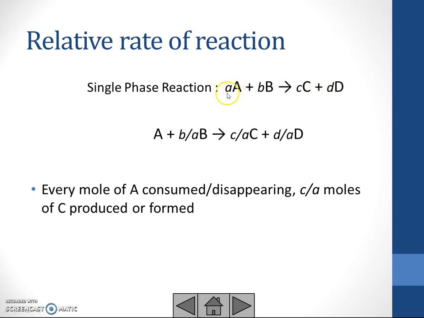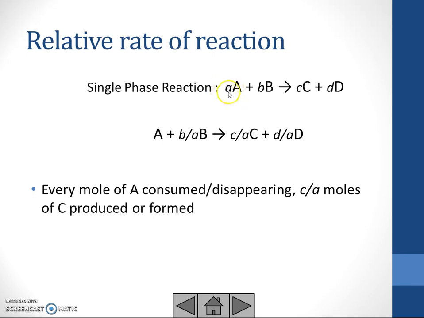For reactant A we have small a, plus small b for how many moles of B, how many moles of C are produced, and how many D are produced. If we assume A has been completely consumed, we call it the limiting reactant.